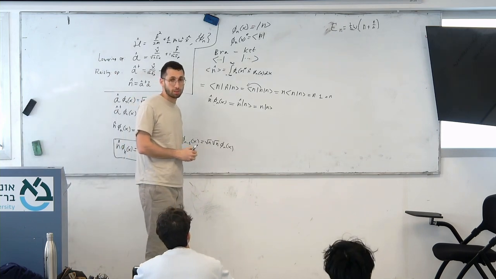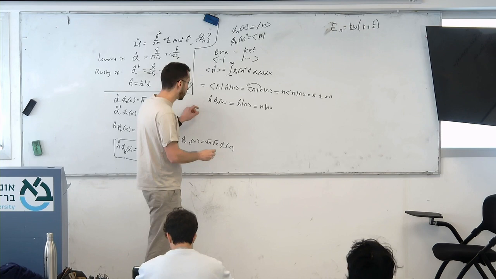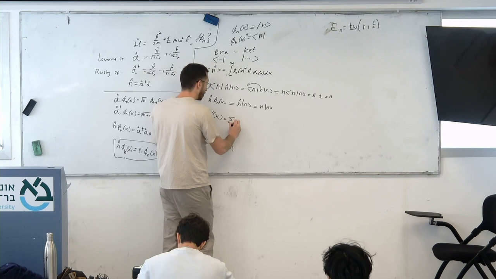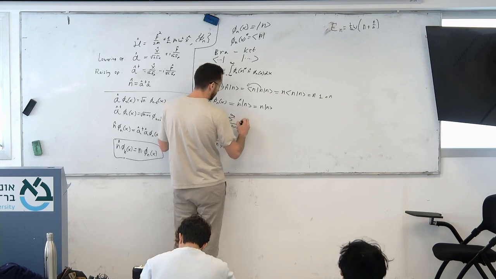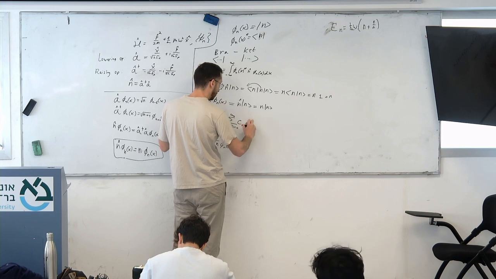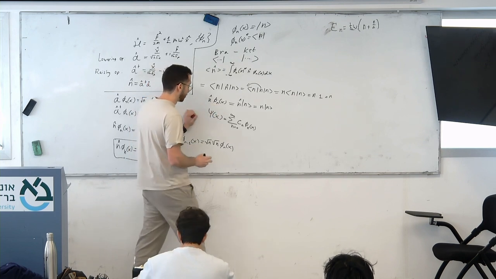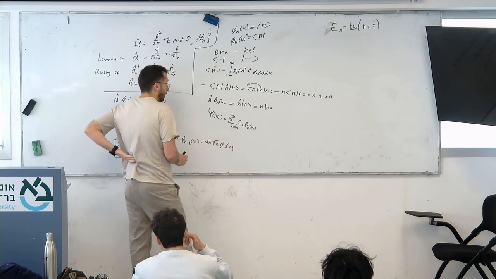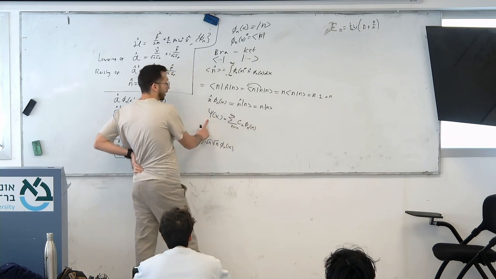Something which is nice to note is usually what we have is psi of x, which is a sum over n from, I don't know, 0 to infinity, of some coefficient or weight Cn times phi n of x. And when we want to find what the n operator does, we can apply it over this psi of x.